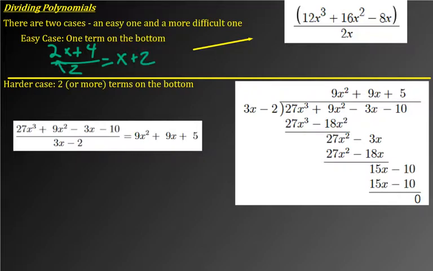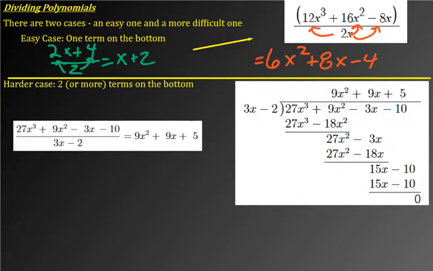It's no different with variables on top and bottom. So we would just divide 2x in there, and there. And we also do the number as well, right? So we get 6x squared plus 8x minus 4. And then the x's in that last one go away.